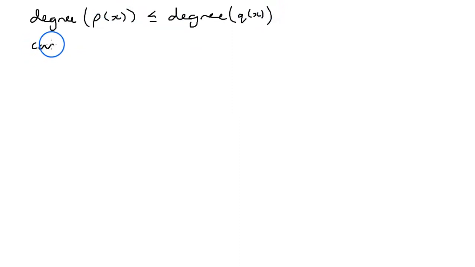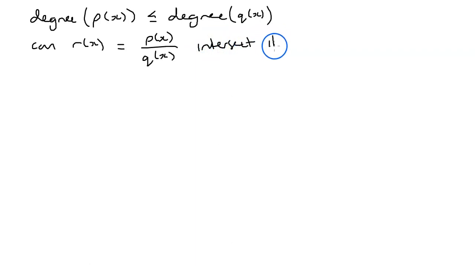Can r of x, which is equal to p of x divided by q of x, intersect its horizontal asymptote?